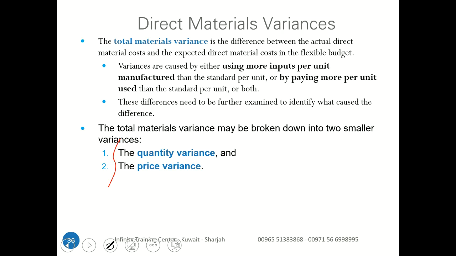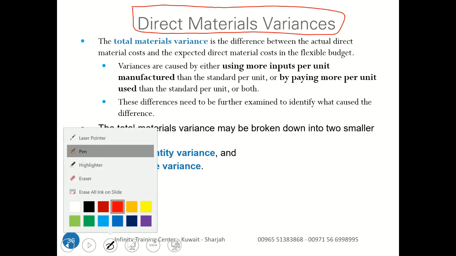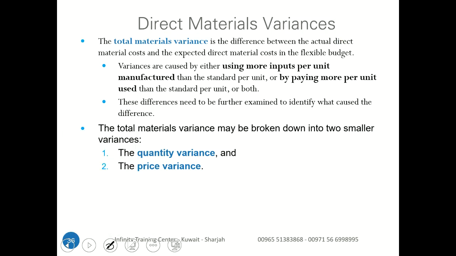Okay, we can look at direct material variances first. So total material variance is going to be the difference between how much you actually spent on direct material and what you are supposed to spend on direct material when you produced a particular number of units.